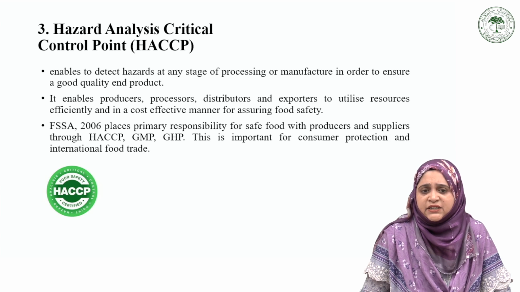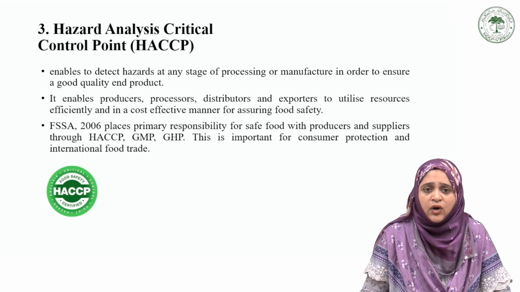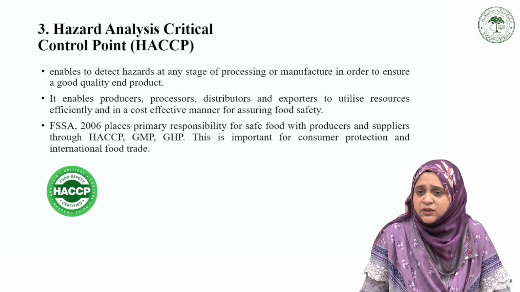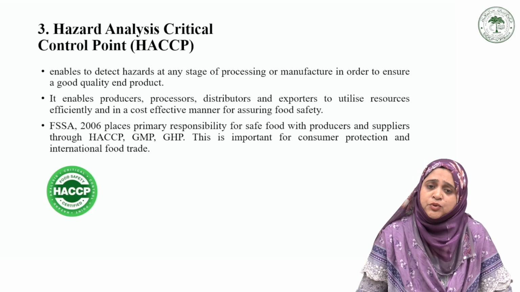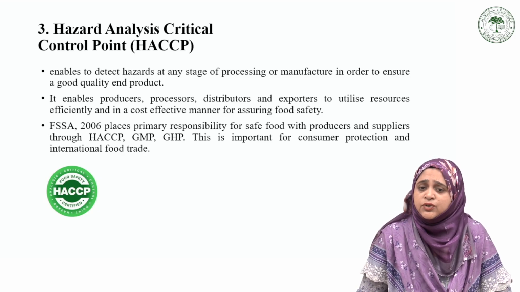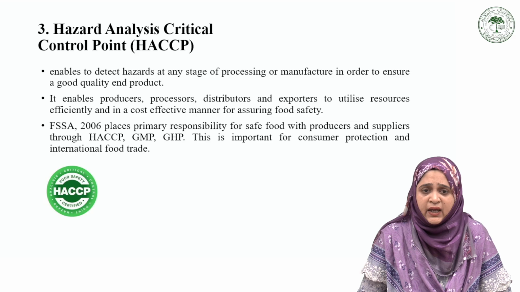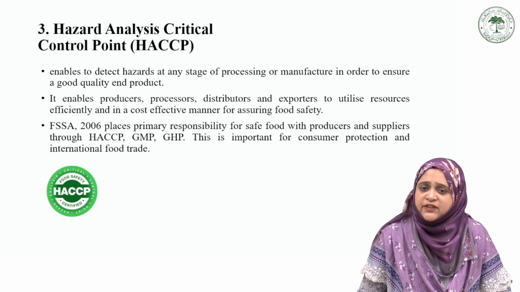HACCP enables detection of hazards at any stage of processing or manufacture in order to ensure good quality and protection. By taking appropriate action at the stage where the problem occurs, it enables the producers, processors, distributors, and exporters to utilize resources efficiently and in a cost effective manner for ensuring food safety.